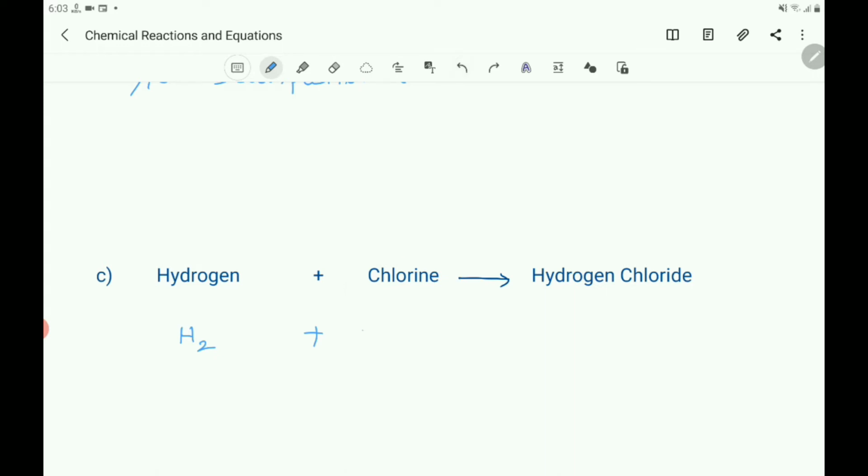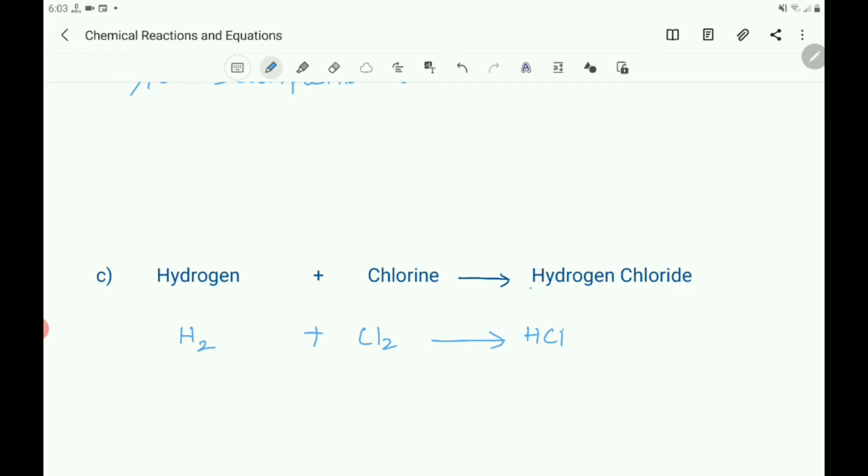Molecular formula of chlorine is Cl2. Hydrogen is an element. Chlorine is also an element. Here the 2 reactants are elements. These 2 elements combine to form hydrogen chloride. What is the molecular formula of hydrogen chloride? That is HCl.